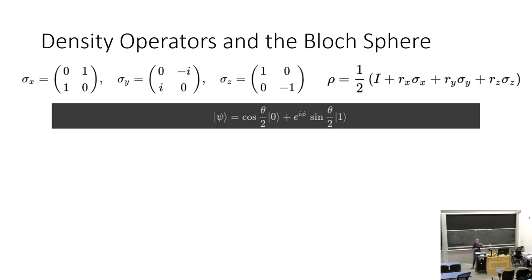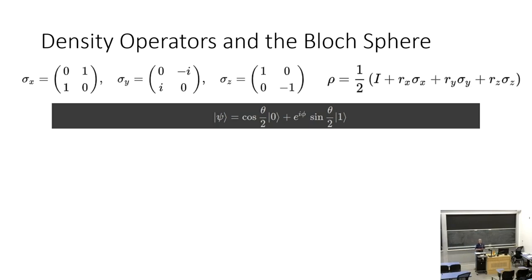There's a really cool way to represent what's going on in the context of the Bloch sphere using the density operator. We can write this expression here, which we can call the Bloch vector, and our density operator is expressed as a linear combination of the Pauli matrices, which you see on the left and we'll talk more about today, and the identity matrix.